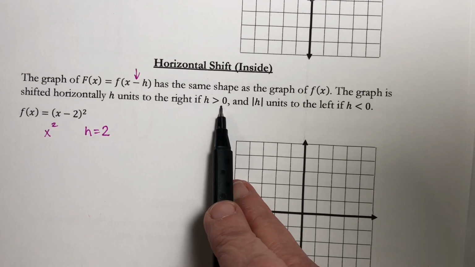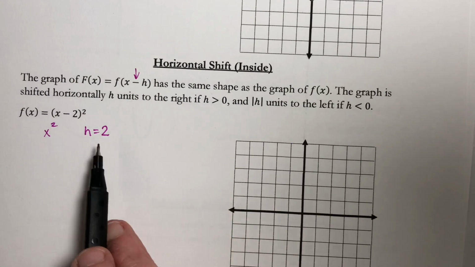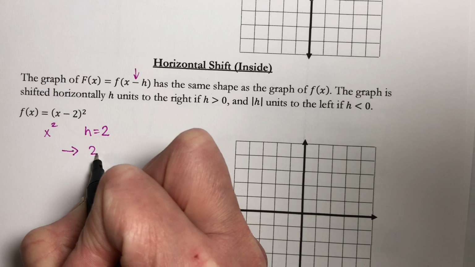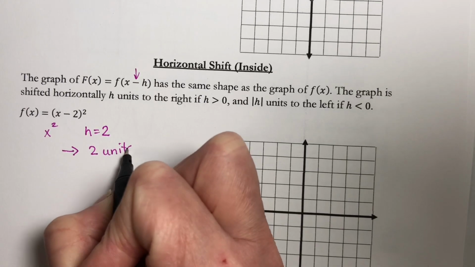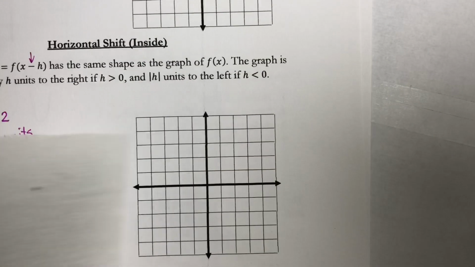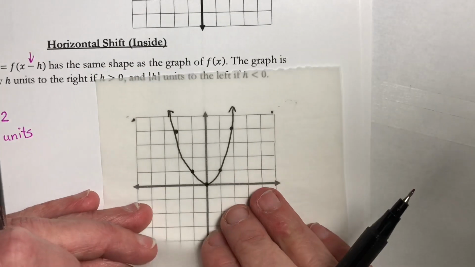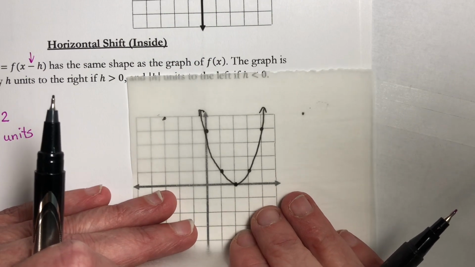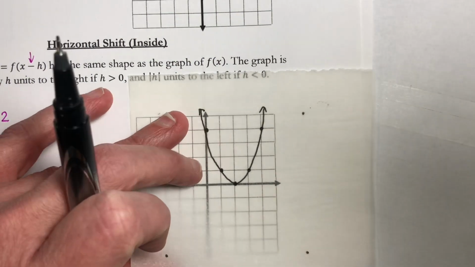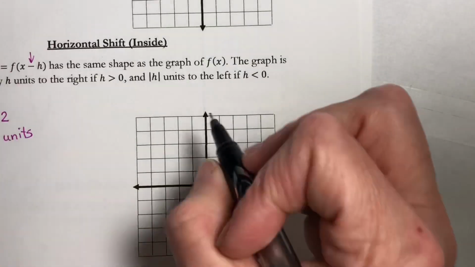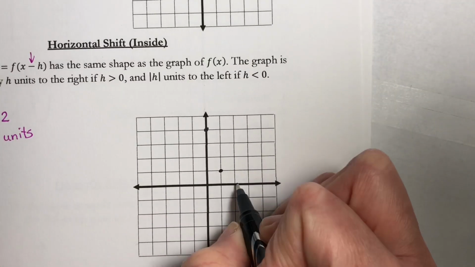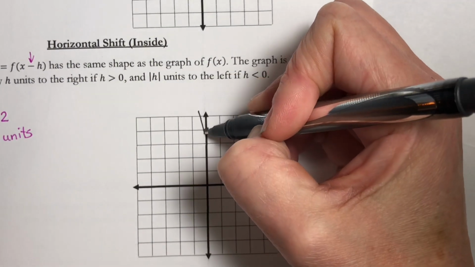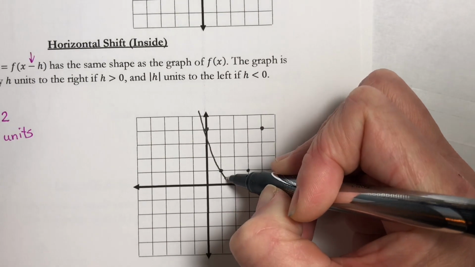If your h is greater than 0, then you go to the right 2 units. So I'm going to take this graph and I'm going to move it right 2 units. Okay, so if this is my basic quadratic and I move it right 2 units, that's what it's going to look like. So draw your points, and then connect your graph in a smooth curve, or as smooth as you can manage.